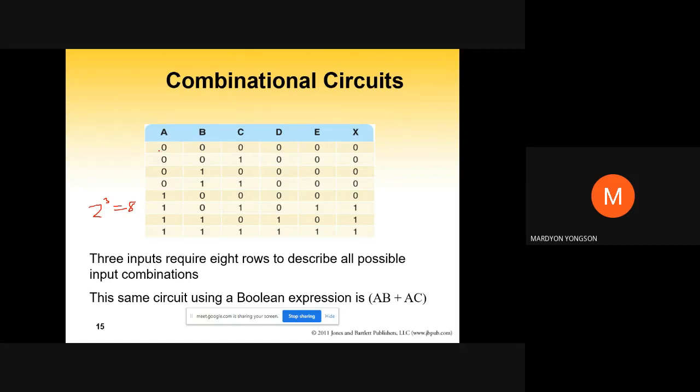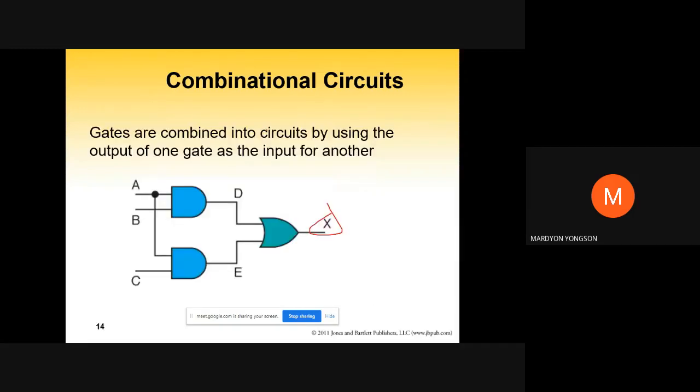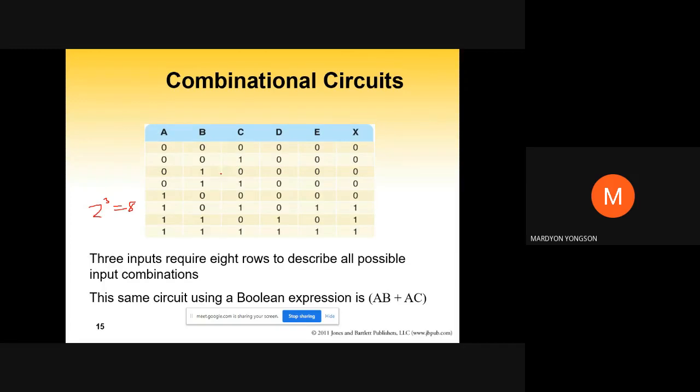So we have 1, 2, 3, 4, 5, 6, 7, 8. So among the given inputs from the earlier diagram, this is the possible combination if we put it in the truth table. So we have these 8 rows. This same circuit is using the Boolean expression of AB plus AC.